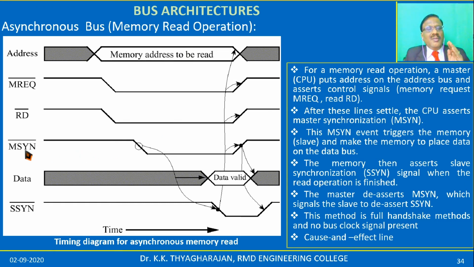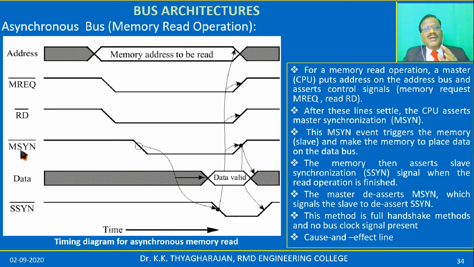After that, the microprocessor will issue a master synchronizing pulse. That is happening here. This edge, the trailing edge of this master synchronizing signal, will activate the slave synchronizing signal in the memory. So, the slave synchronizing signal edge appears here. During this time, the data will be put on the data bus by the memory.